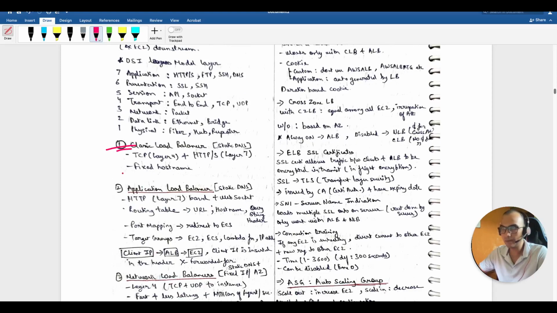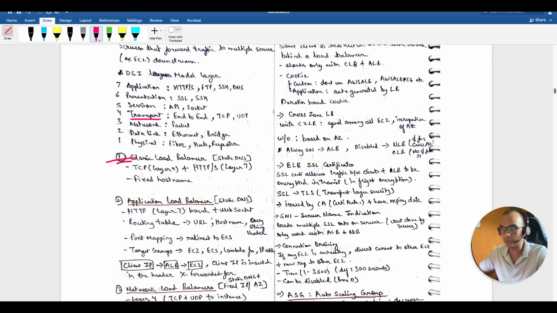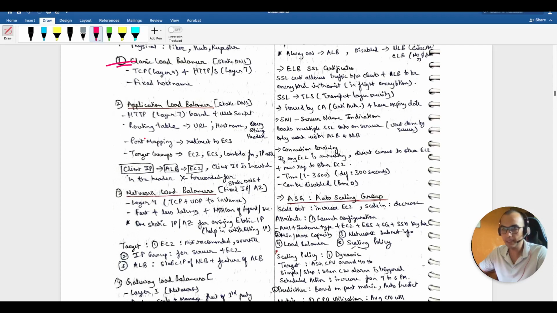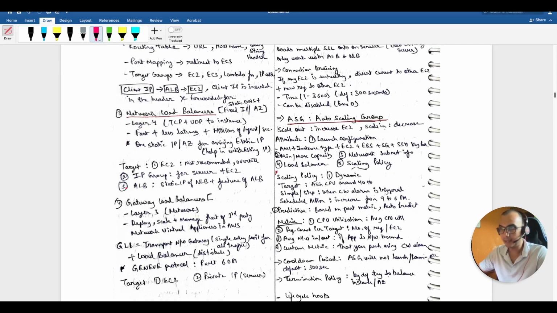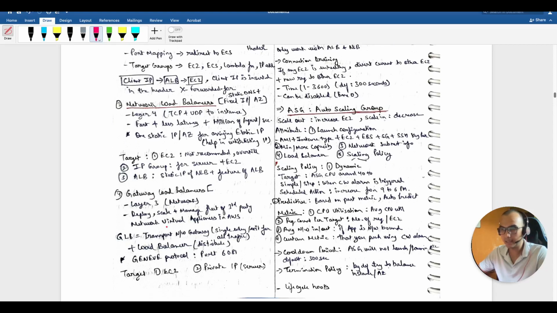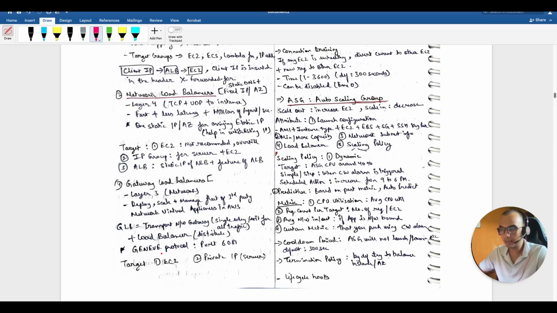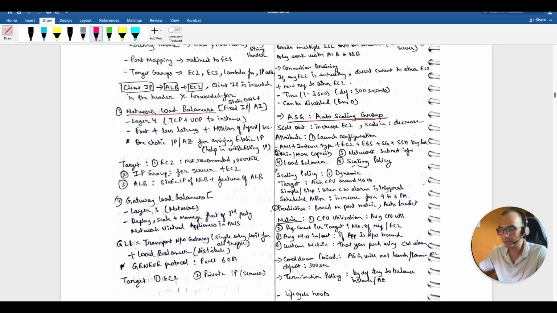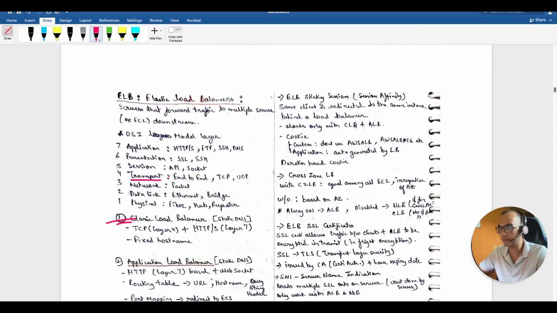And our Network load balancer works at the transport layer. So you have to understand the difference between both of these load balancers. After that, the Gateway load balancer is also tested, but we don't expect many questions from it. These two are most important, and you should know the differences between both of them.